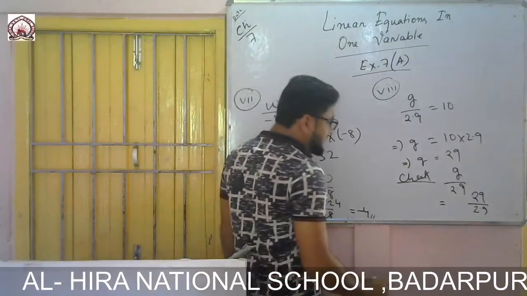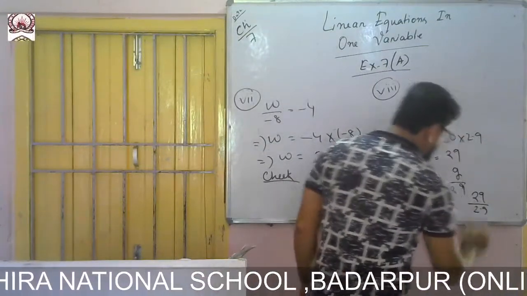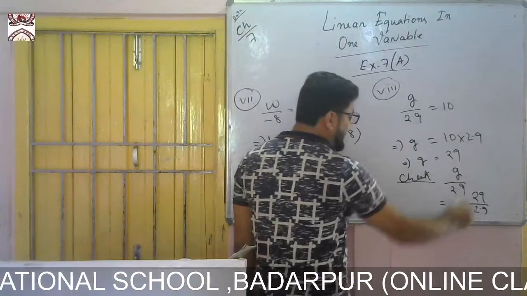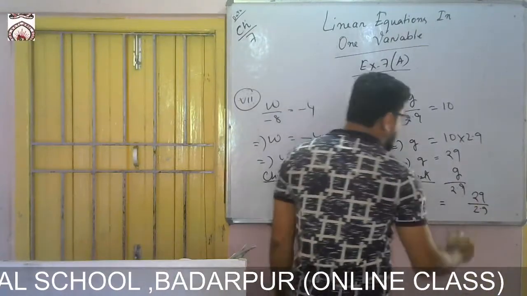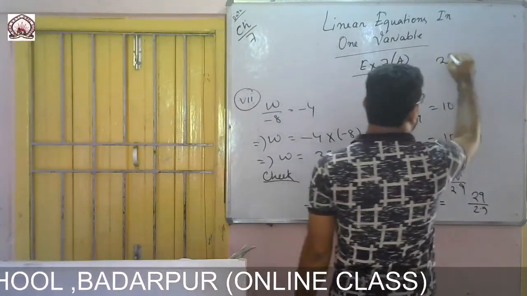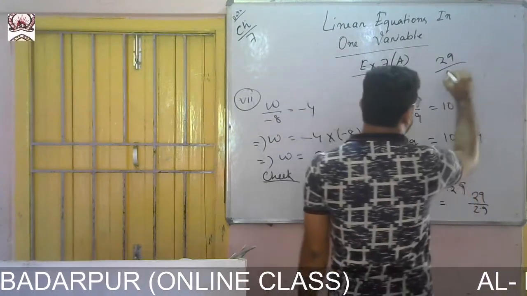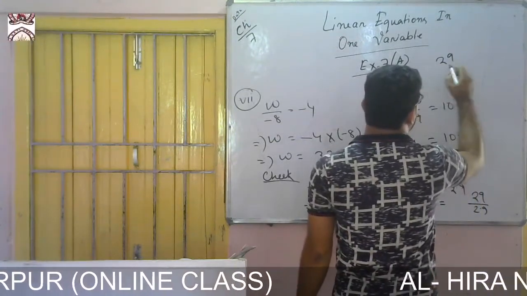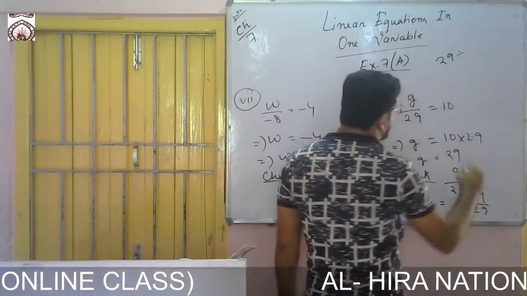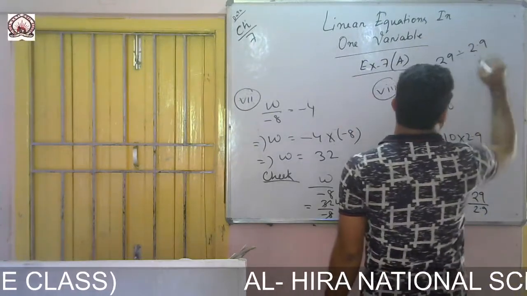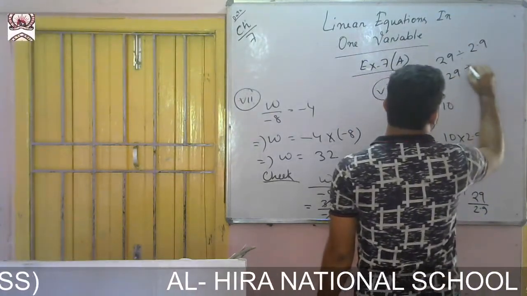Now you see, this is 2.9, so you need to cancel it. So how? You see, 29, then here 2.9. So here, 29 divided by 2.9.